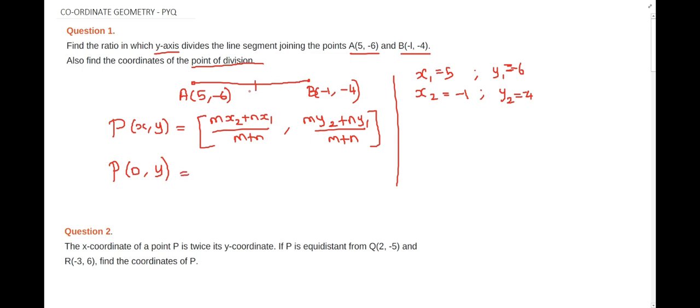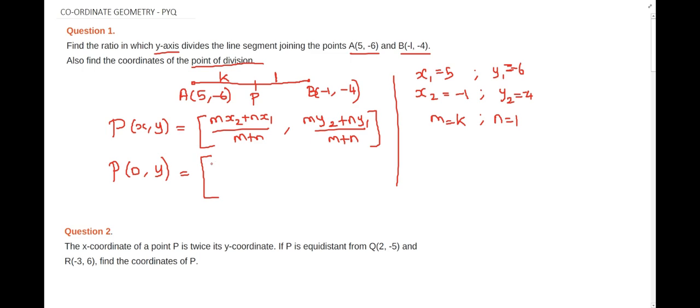M and n values, you can assume like AP is k and PB is 1. So m equals k and n equals 1.